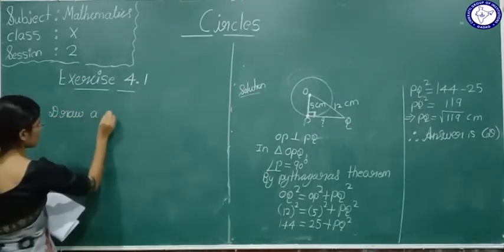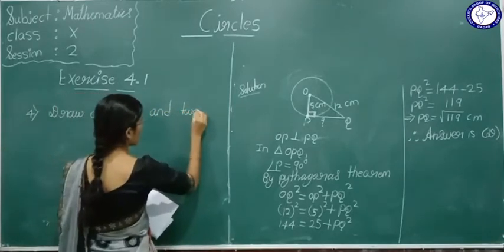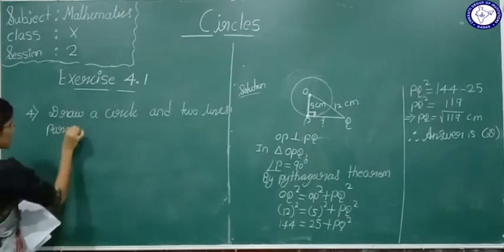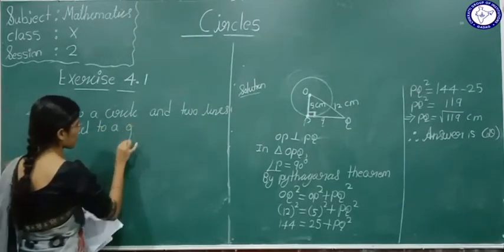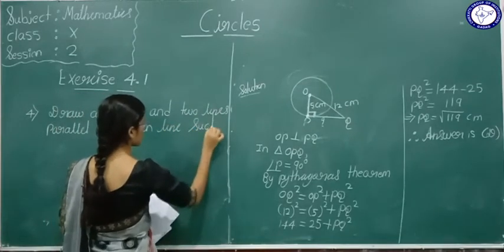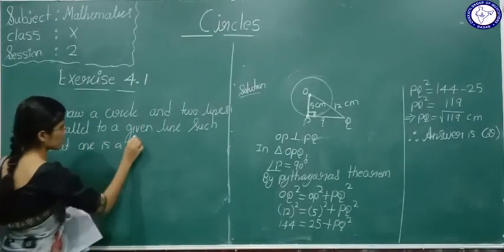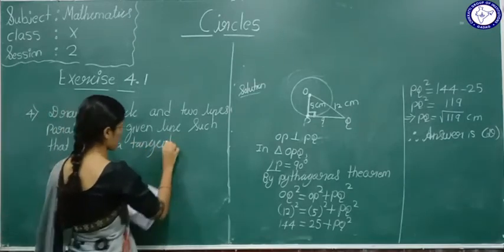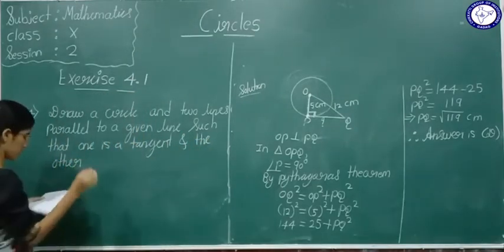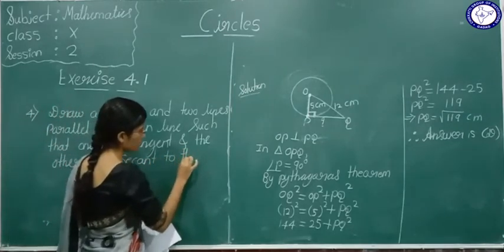Draw a circle and two lines parallel to a given line such that one is a tangent and the other a secant to the circle.